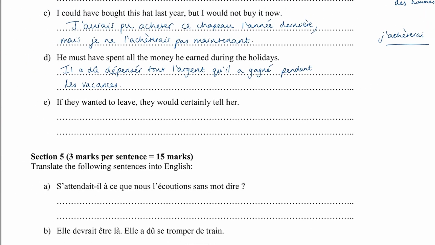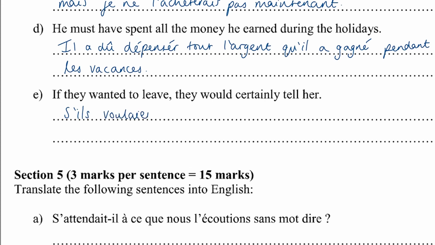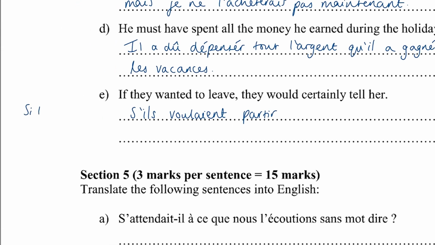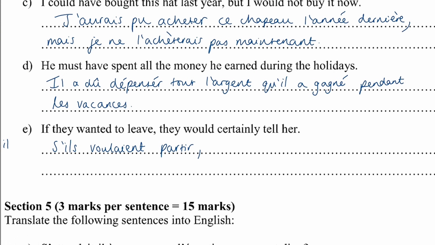If they wanted to leave, they would certainly tell her. Classic type 2C clause, check my 2008 video for an explanation on those. If they wanted to leave, s'il voulait partir. Notice that si plus il goes to s'il. Si plus elle, however, would not do that. It's si elle. S'il voulait partir. So the rule which you need to keep in mind here is that you can't use the verb dire for tell here. You have to use the verb parler. That's just something you need to remember.